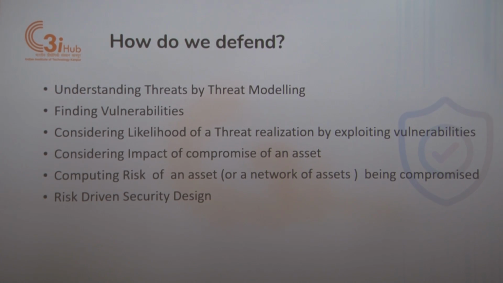So the probability of exploiting that threat through this vulnerability versus that vulnerability, all that will add up, right? So you consider the probability or likelihood of a threat being realized, and then you also consider the impact of that threat on the asset, right, on a particular asset, right.